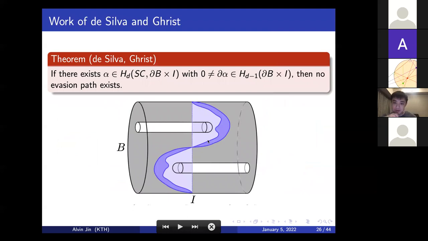Yeah. I wasn't sure how the theorem related to the geometry. Like, what does it mean for alpha to be in the homology? Or how do we know that the boundary isn't zero? What's the relationship between the boundary? The boundary not being zero just means that it wraps all the way around the cylinder.